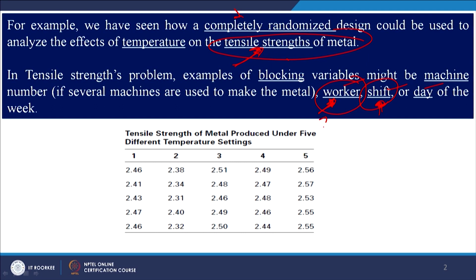This is the question we have seen, wherein there were 5 different temperature conditions and this was the tensile strength. So, we checked whether the temperature has any effect on tensile strength.